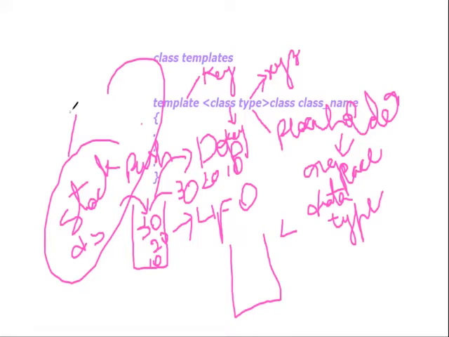The memory allocation for these values like 30, 20 and 10. Let me clear all this. Okay, so this is the stack.